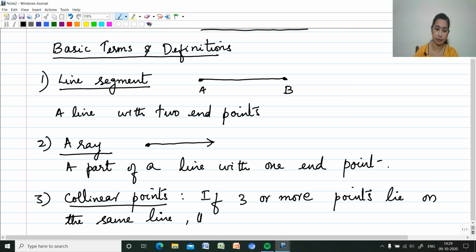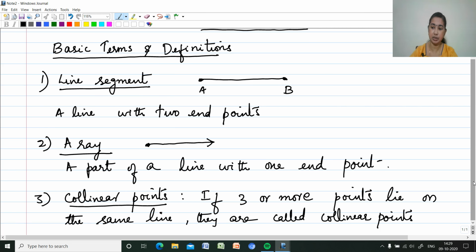Then what are non-collinear points? If the points are not on the same line, then we say that they are non-collinear points.